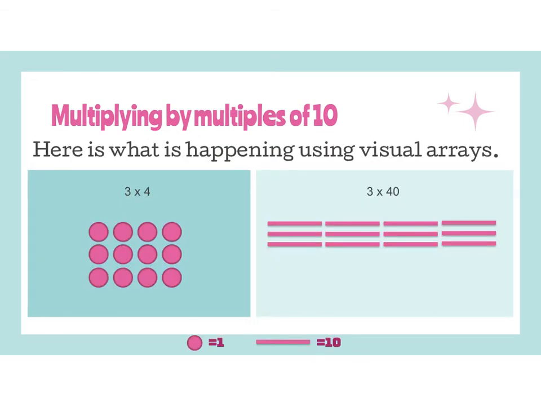Here's what is happening using visual arrays. If we look at our first example here, 3 times 4. Well, we know this is 4, and this is 3. So 3 times 4 is 12. Now, if we want to look at an array using the base 10 strip, we would set it up like this.